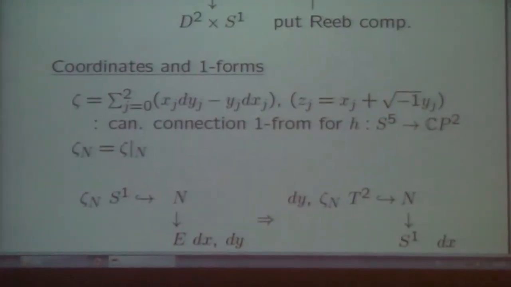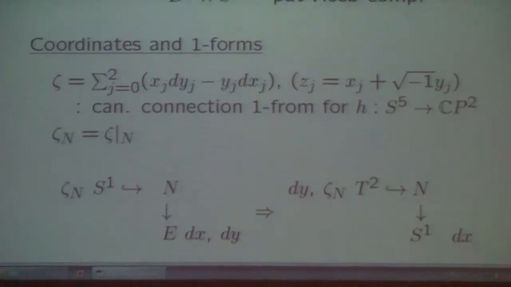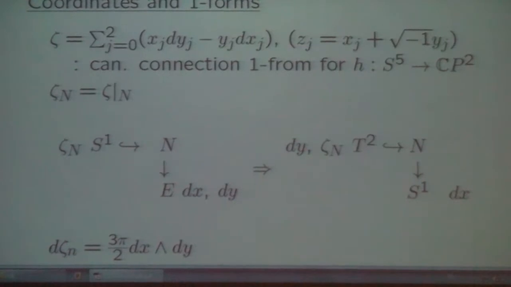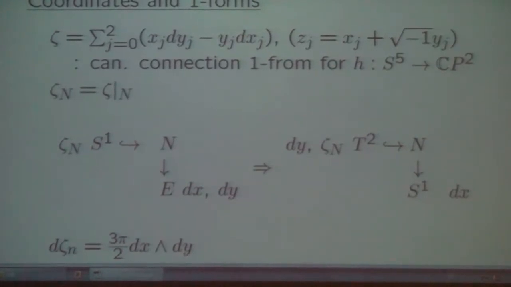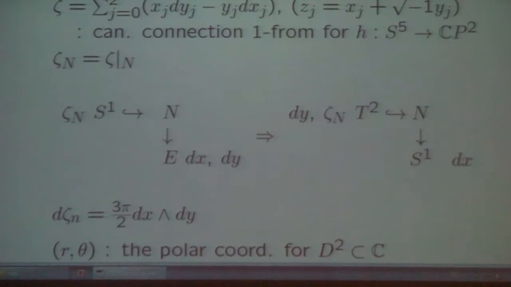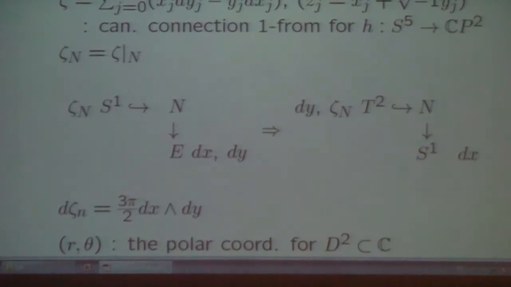As I explained, zeta denotes the canonical connection 1-form for the Hopf fibration, and zeta_N is the restriction over N. On the elliptical, we gave coordinates x and y in a topological way, and if you compute the curvature of zeta_N, if I'm right, dζ_N is in that form: 3π times dx wedge dy.